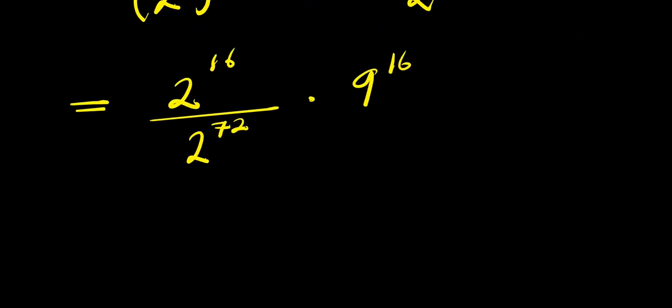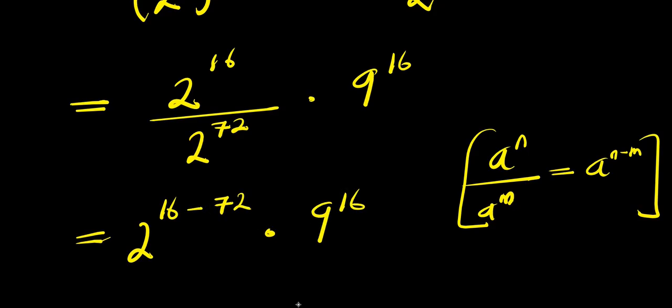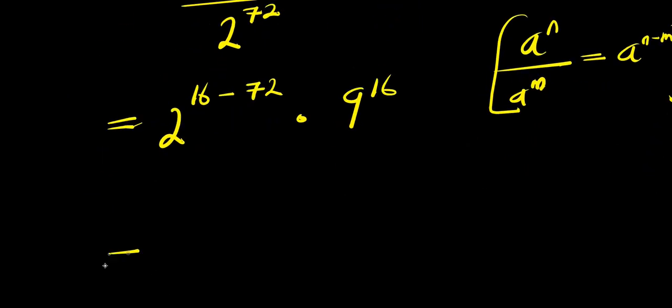So let's consider this other identity: A power n divided by A power m equals A power n minus m. That means I'm going to have 2 power 16 minus 72, times 9 power 16. From here, 16 minus 72 is minus 56, and we have times 9 power 16.